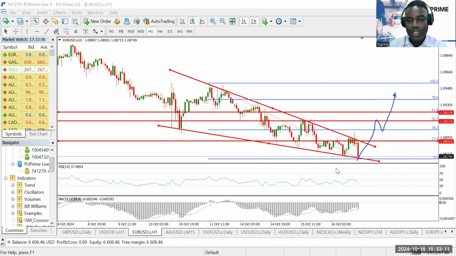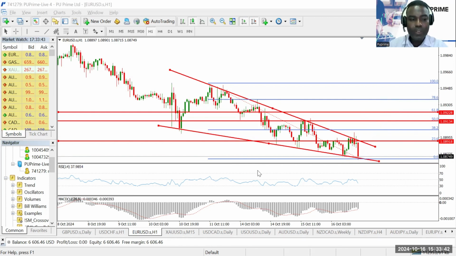So either price gets here at 50, retraces and continues, or reverses completely. Those two levels are always used as take profit levels. So if you are using your Fibonacci tool to set take profits, you can always use Fibonacci 50 and 61.8, which means you are setting two trades. But it's not a must for you to set two trades. You can just do one if that works for you. Maybe you set Fibonacci 50 or 61.8 as a take profit.